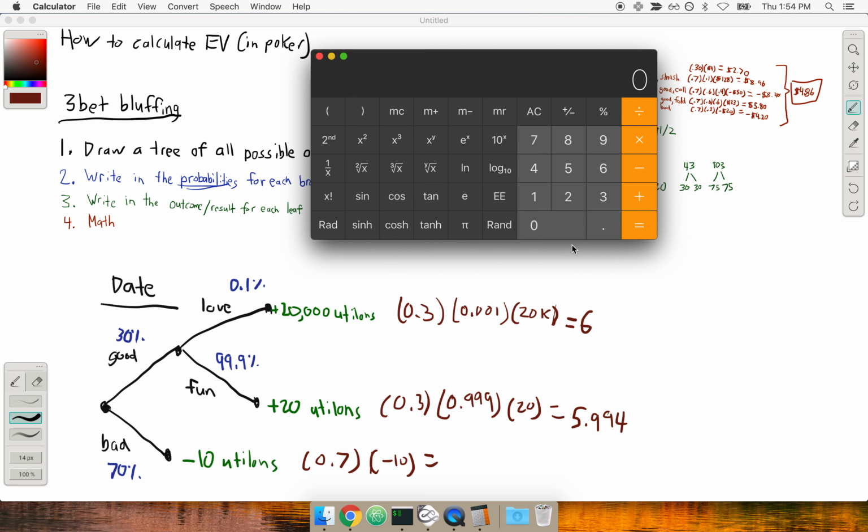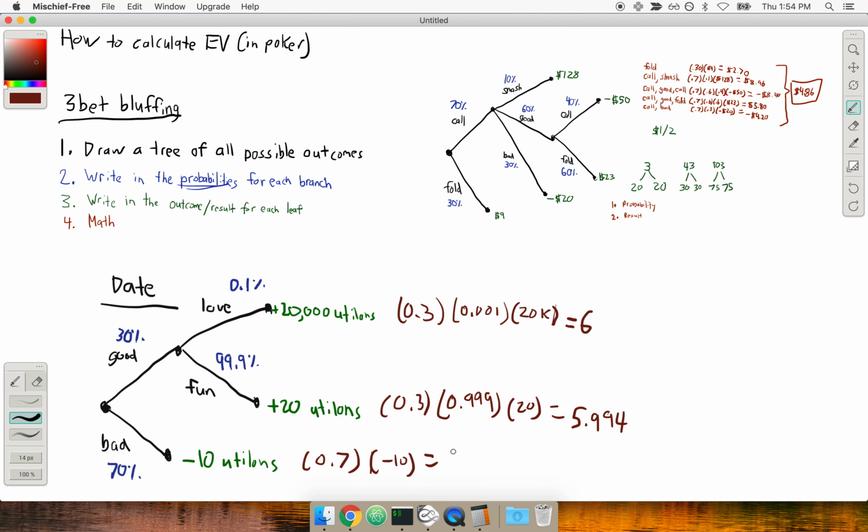Now the last one, 0.7 times negative 10, so it's equal to negative 7. And then we add this all up, and let's just say 6 and 6 is 12, minus 7, so, whoops, not dollars, the value of going on a date is about 5 utilons, according to these assumptions.